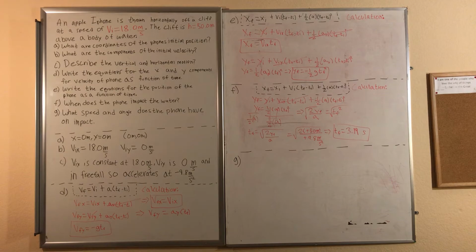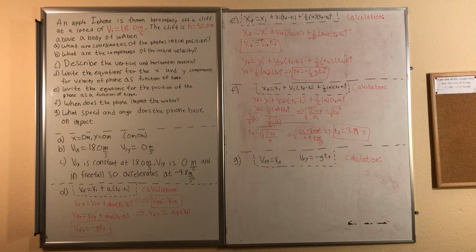To find the speed and angle of the phone, we need vector components at our final time. Remembering from part D, we solved the final velocity components, so rewrite those. Velocity final of x equals velocity initial of x, and velocity final of y equals negative g times time final. We have what we need, so let's calculate.